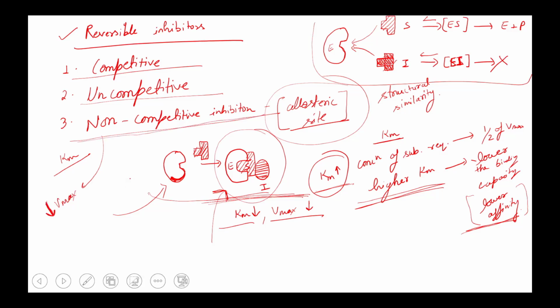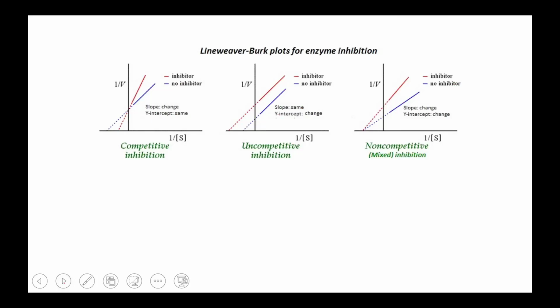All these three can be shown in the Lineweaver-Burk plots for enzyme inhibition. In the first case, the values are changed by a constant which we are calling alpha. The blue one is the graph without inhibitor.